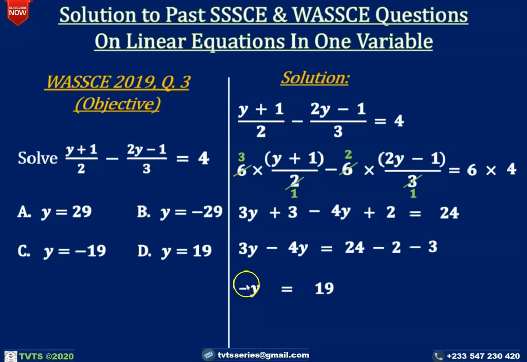Dividing both sides by negative 1, we have y to be equal to negative 19. Therefore, the correct answer is option C.